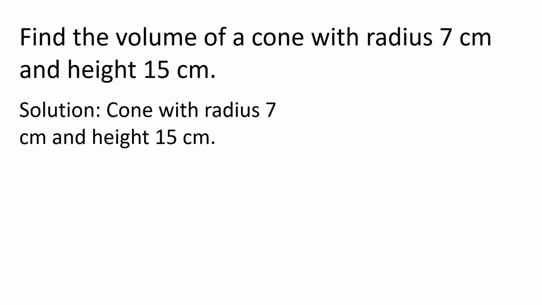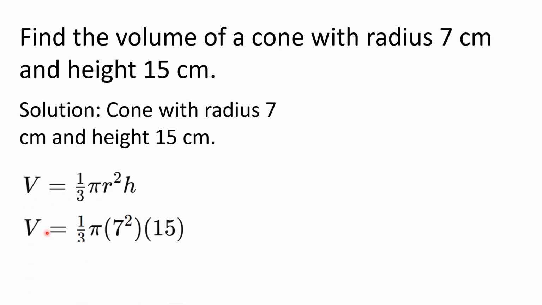Right, example. Find the volume of a cone with a radius of 7 centimeters and a height of 15 centimeters. Again, find the volume of a cone with a radius of 7 centimeters and a height of 15 centimeters. Given: cone with radius 7 centimeters and height 15 centimeters. We follow the formula: volume is 1/3 times pi times r squared times height.